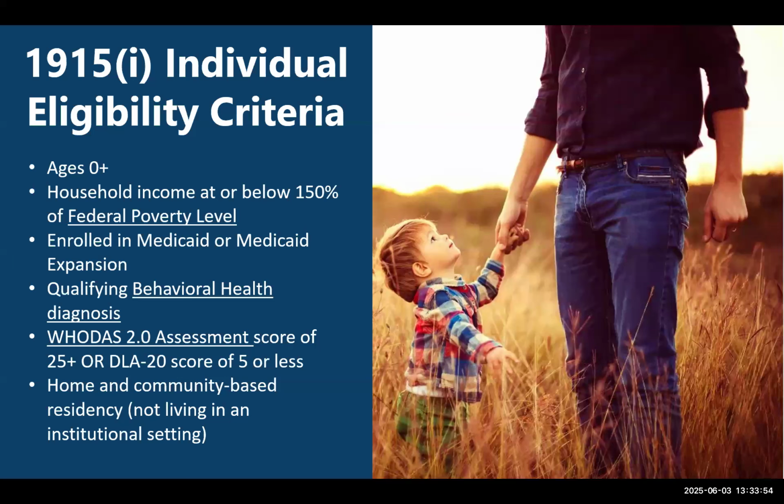Members must have at least one qualifying behavioral health diagnosis and functional limitations as shown either by the HUDAS or the DLA. And finally, members need to reside in a home and community-based setting, meaning they can't live in an institution. An example of an institution would be a hospital, nursing home, jail, or prison.